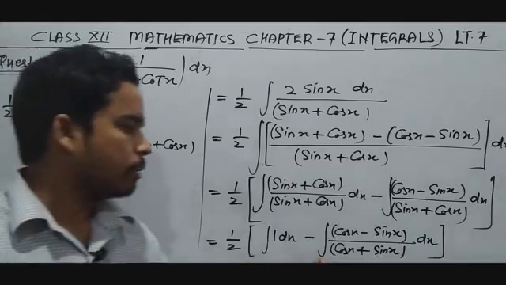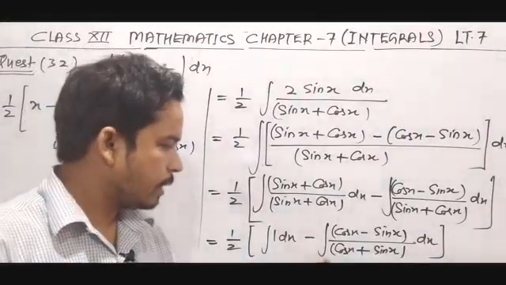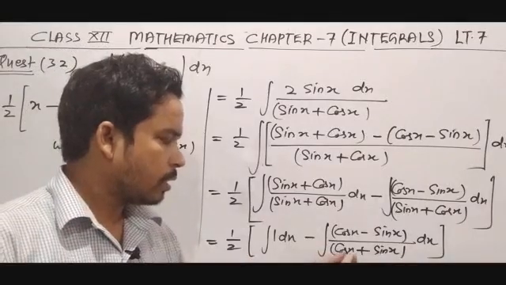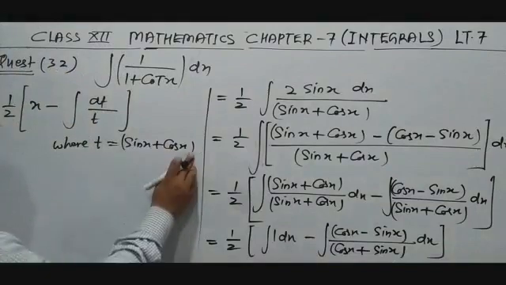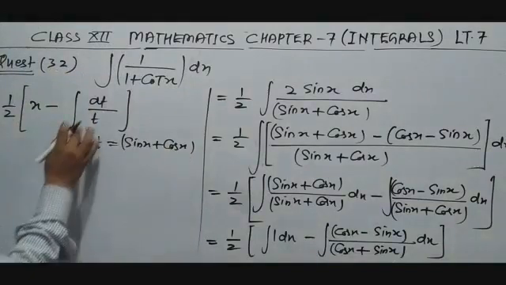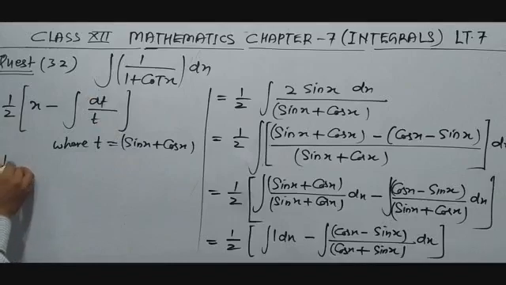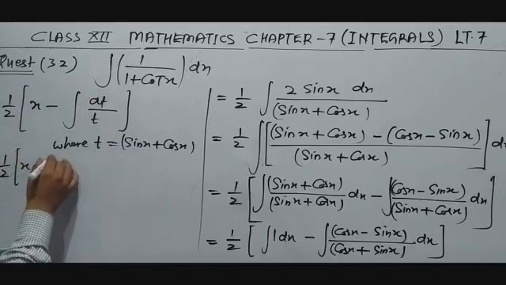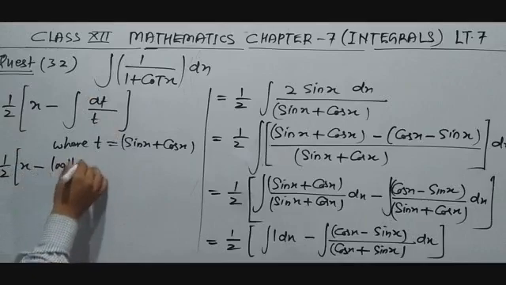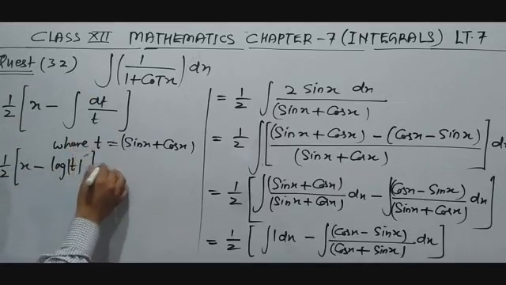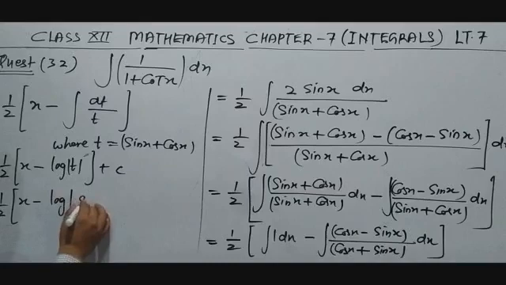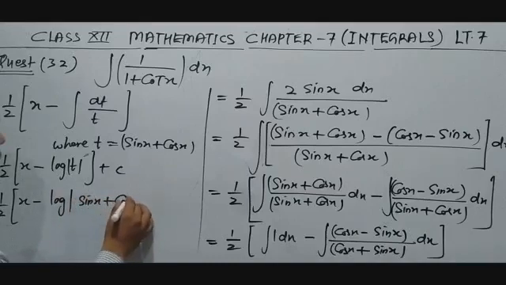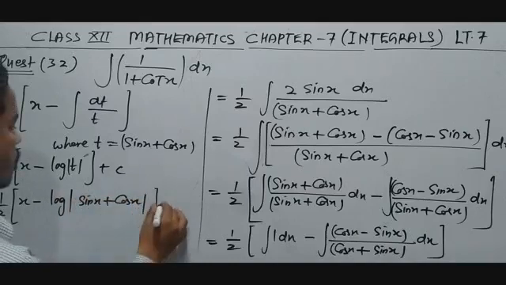By using the substitution method, you consider cos x plus sin x as t, then 1 by t dt. So its result will be 1 by 2 [x minus log of mod of t] plus c, and put the value of t. So 1 by 2 [x minus log of mod of (sin x plus cos x)] plus c.